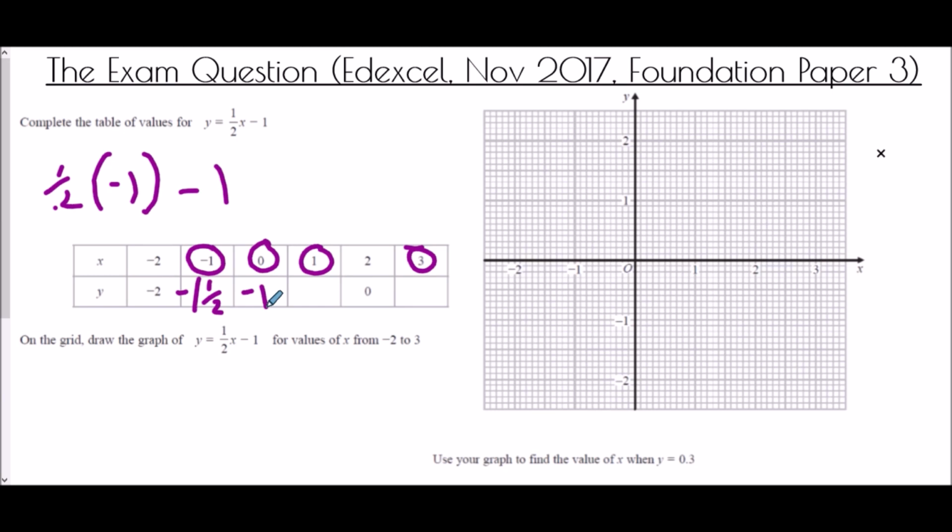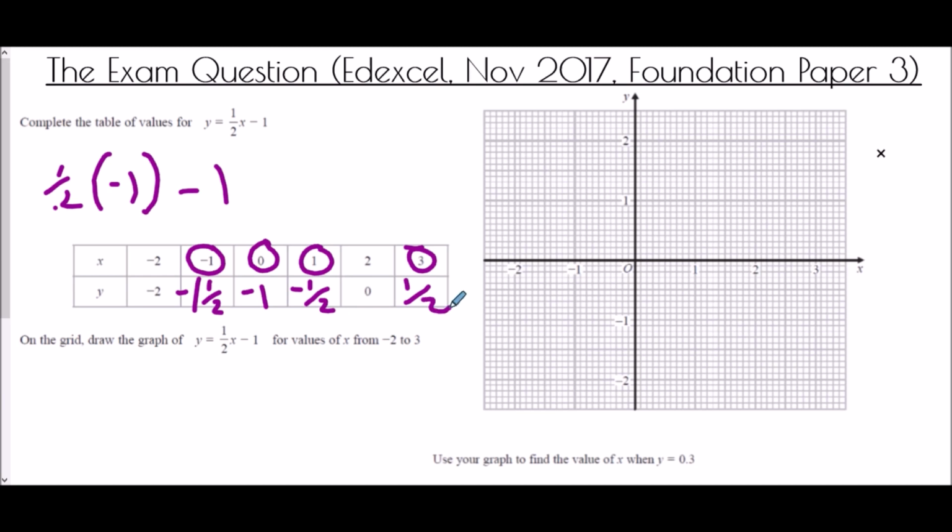If we put the value 1 into that bracket, a half of 1 is a half. Take away 1 is negative a half. The next one's already been done for us, it's 2, 0. And then finally, if I put 3 into that bracket, a half of 3 is 1 and a half. Take away 1 is a half.